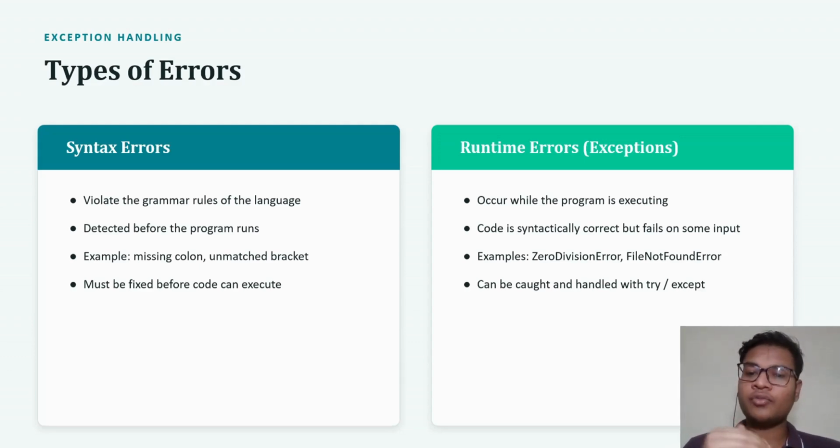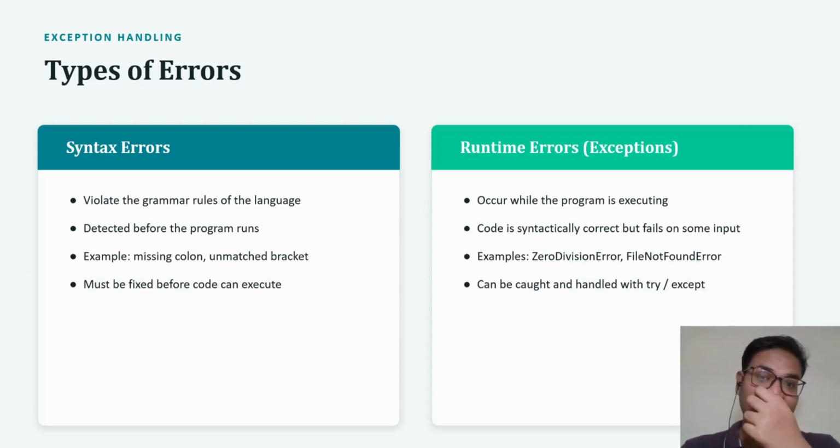So what is the runtime error? A runtime error occurs while the program is executing. The code is syntactically correct but fails on some input. For example, we have ZeroDivisionError and FileNotFoundError.